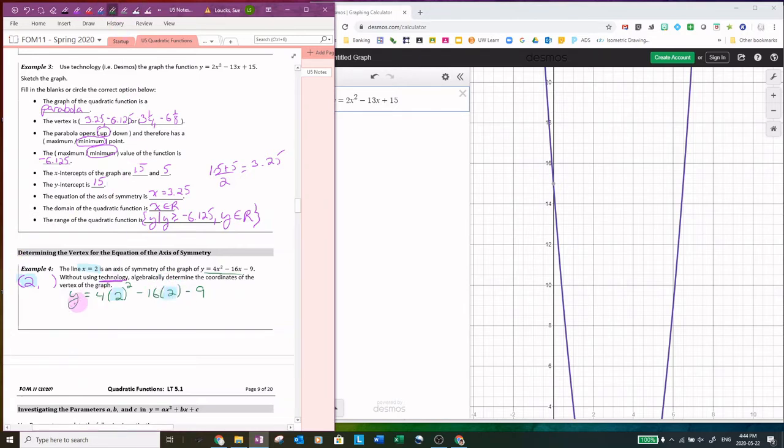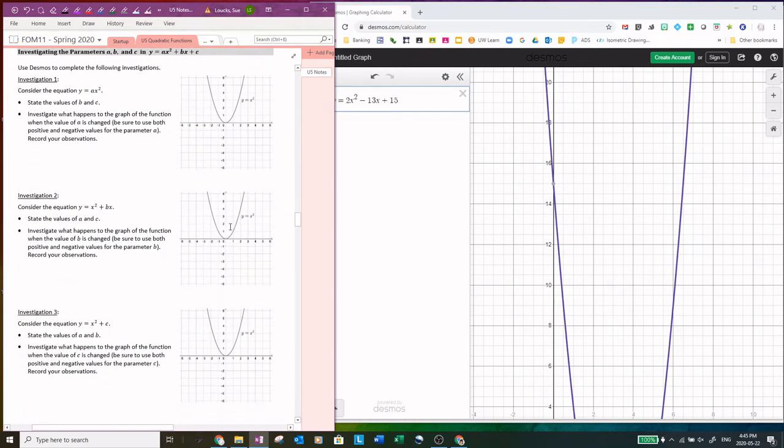Then I get y equals 4 times 4 is 16, minus 32, minus 9, equals negative 25. So this means that when x is 2, y is negative 25. So my vertex is (2, -25). All right?